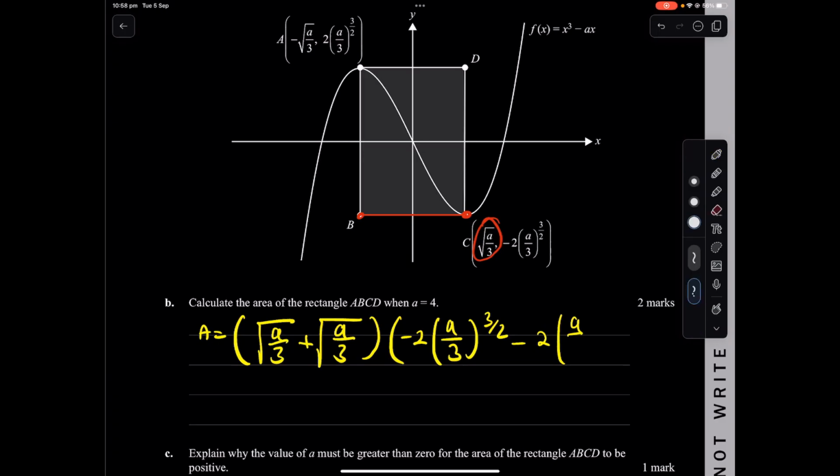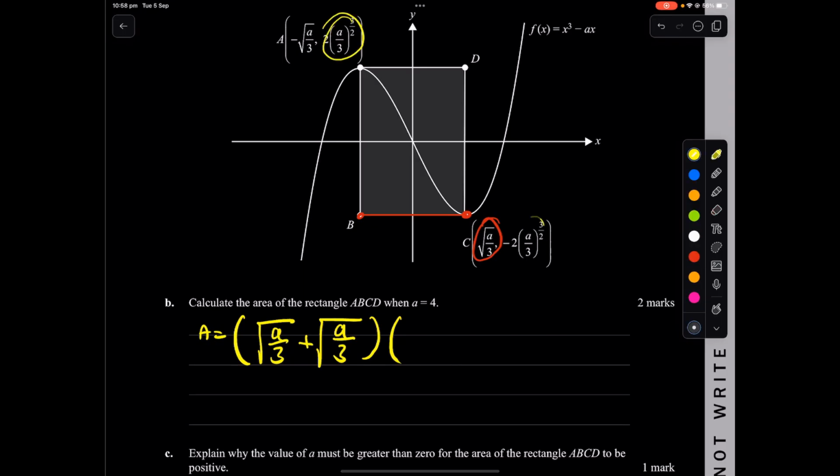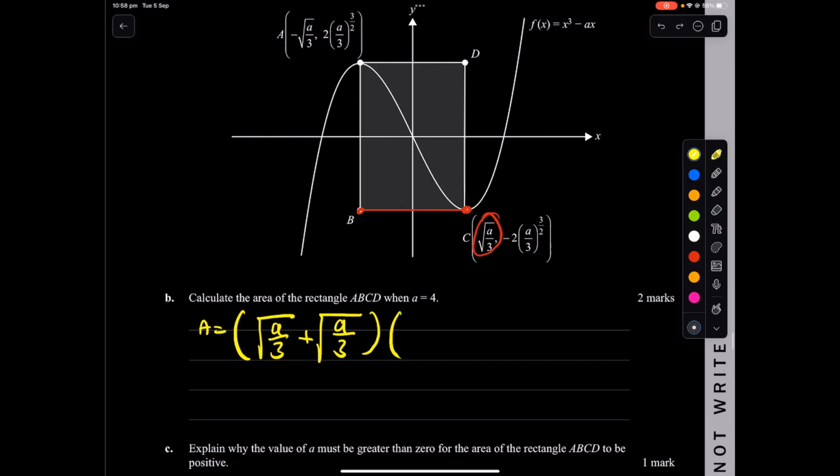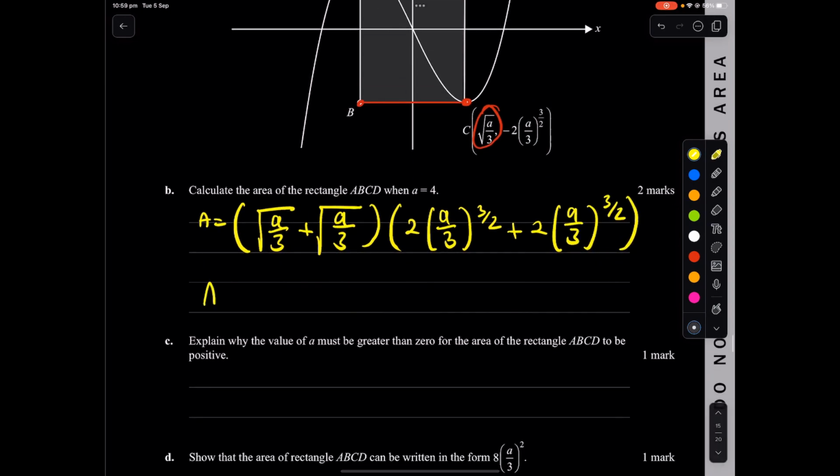What am I doing here? Okay. It's supposed to be this minus this. So it'll be 2 a on 3, 3 on 2, plus, because we cancel those minuses out, so it'll be 2 on 3, 3 on 2, and the area should equal some value.